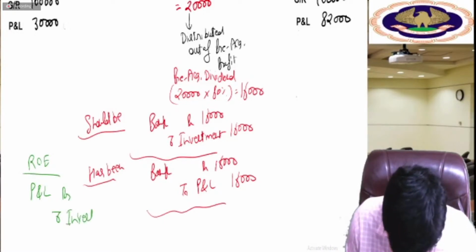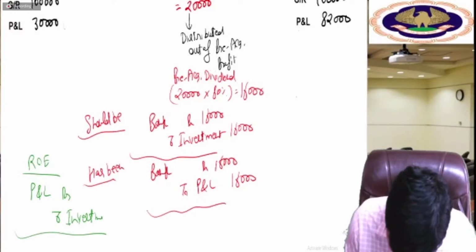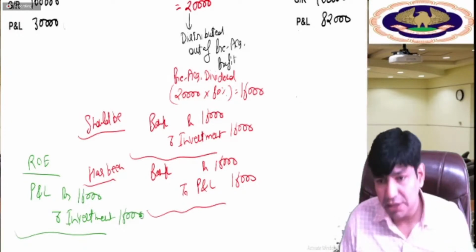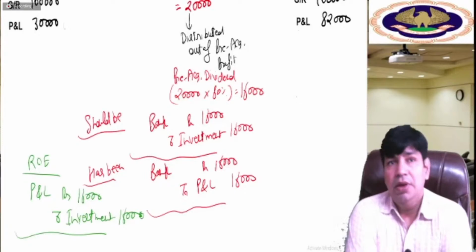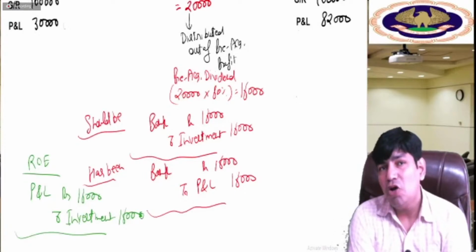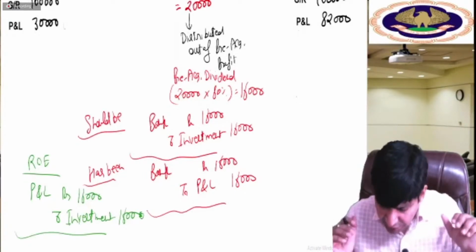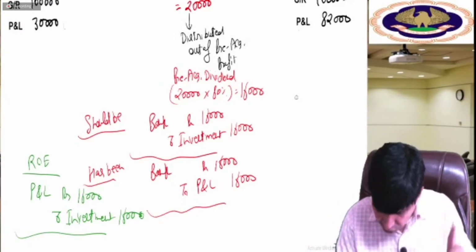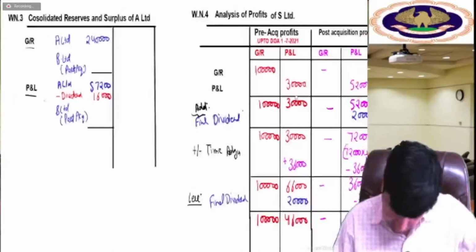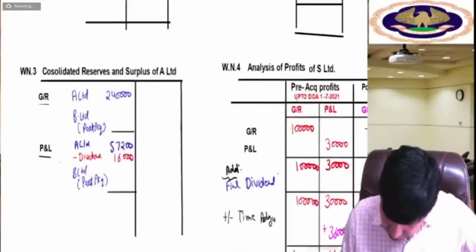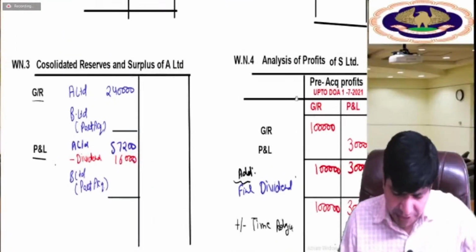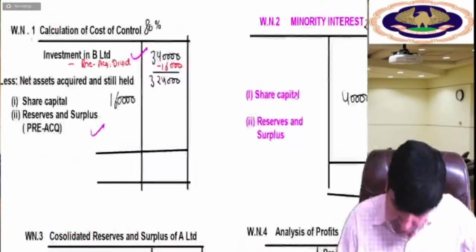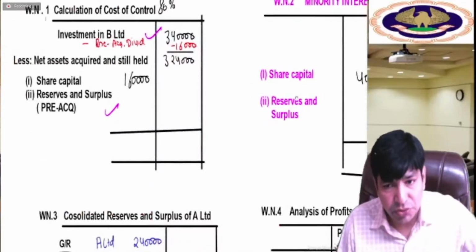In this way, we can rectify the mistake. 16,000 must be rectified by the holding company in this way. So P&L of the holding company must be reduced by debiting, and investment must also be reduced. So beta, see, here is consolidated reserve and surplus, from where P&L of the holding company has been reduced, and also the investment account has been reduced.